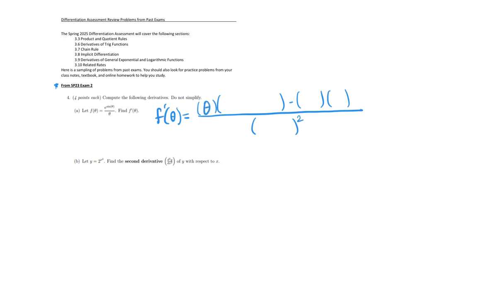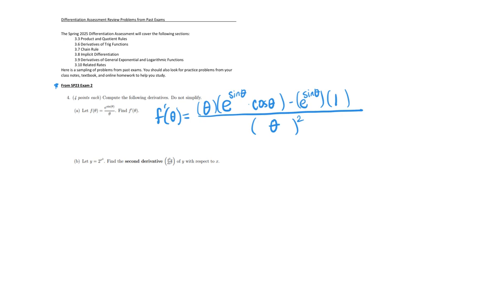The derivative of the top, I'll have to use chain rule: e to the, leave the inside part alone, sine theta, times the derivative of the inside part, which is cosine theta, minus high d low, so e to the sine theta, and then the derivative of the bottom is just 1, and then over the bottom squared, so theta squared. And you can just leave it exactly like that.